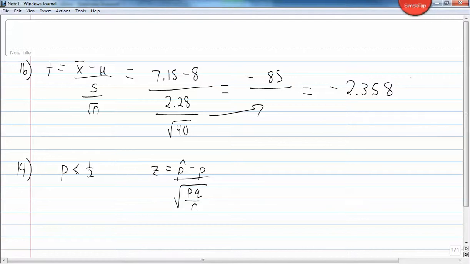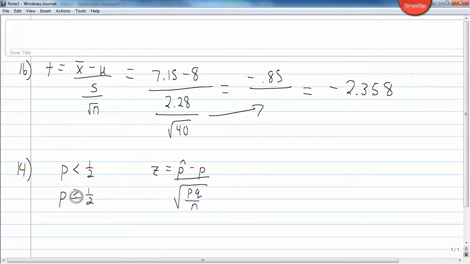Alright, and so how about we practice on this one also, writing the original claim and figuring out the null and alternate hypothesis. So here was the original claim: less than half. So you write the opposite of that. That would be greater than or equal to 1/2.